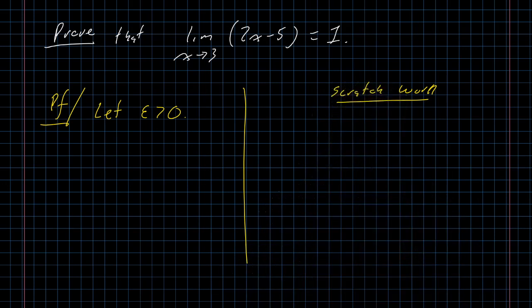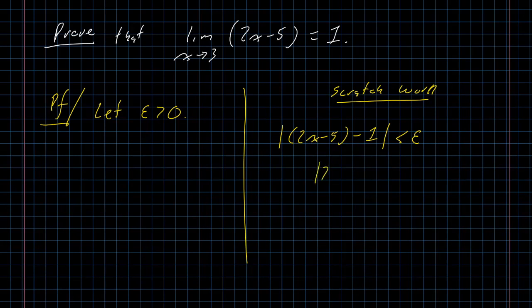To show you what I mean, we always start here with our end goal, the same way we did before. Our goal is that we want the absolute value of our function, which in this case is 2x minus 5, minus our limit value, which in this case is 1, to be less than epsilon.